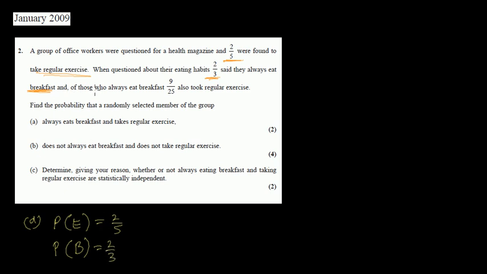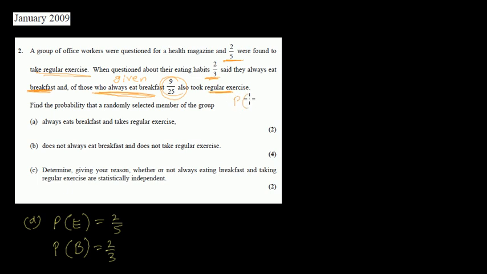And of those who ate breakfast, this particular information means given. Of those who ate breakfast, that means given that the person had breakfast, the probability is 9/25 of doing regular exercise. This right here is a conditional probability.